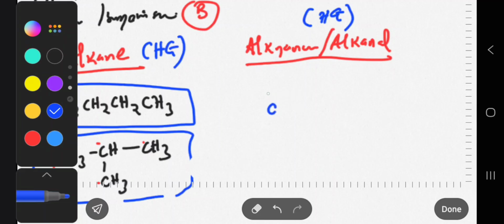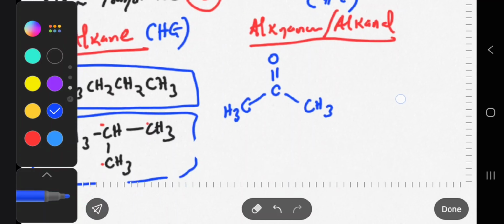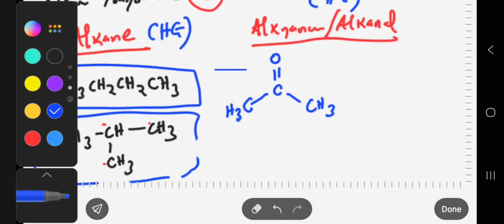So let's take a look at this compound, which is an alkanone. Let's say this is H3C, then this is CH3. As you can see, this is an alkanone because it has the functional group RCOR, right? So this is a functional group. This alkanone is known as propanone.